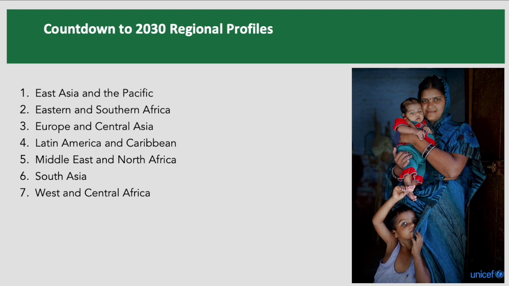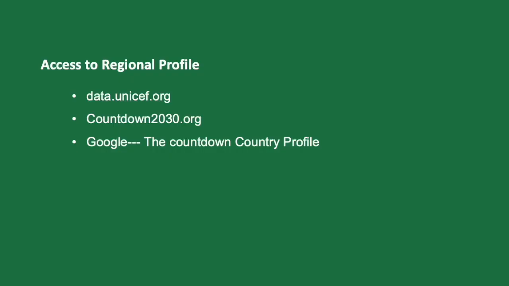The first batch of regional profiles are based on UNICEF program regions, and they are the 7 following regions. In the next iteration, we look to add other regions such as SDG regions or WHO regions. The regional profiles can be accessed through the following 3 methods: data.unicef.org, countdown2030.org, and Google.